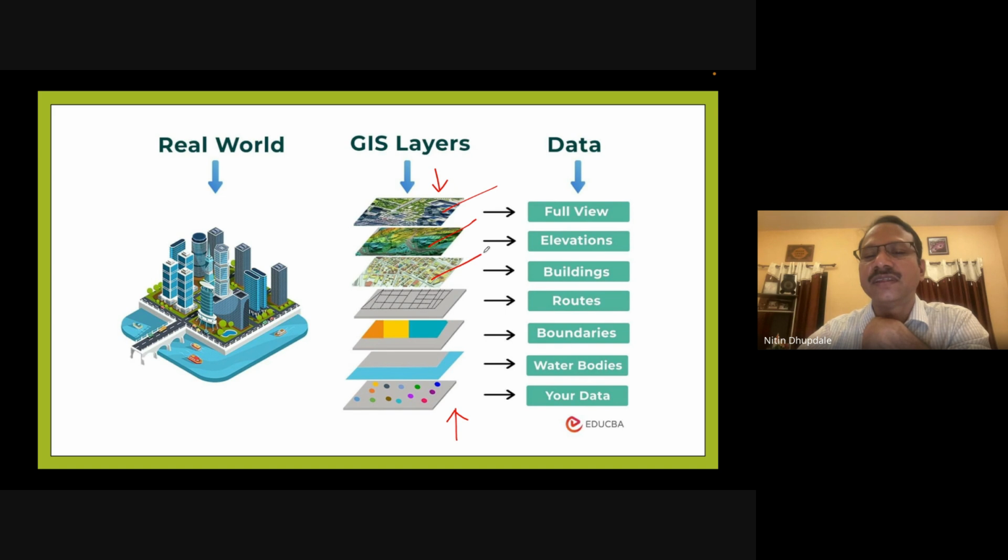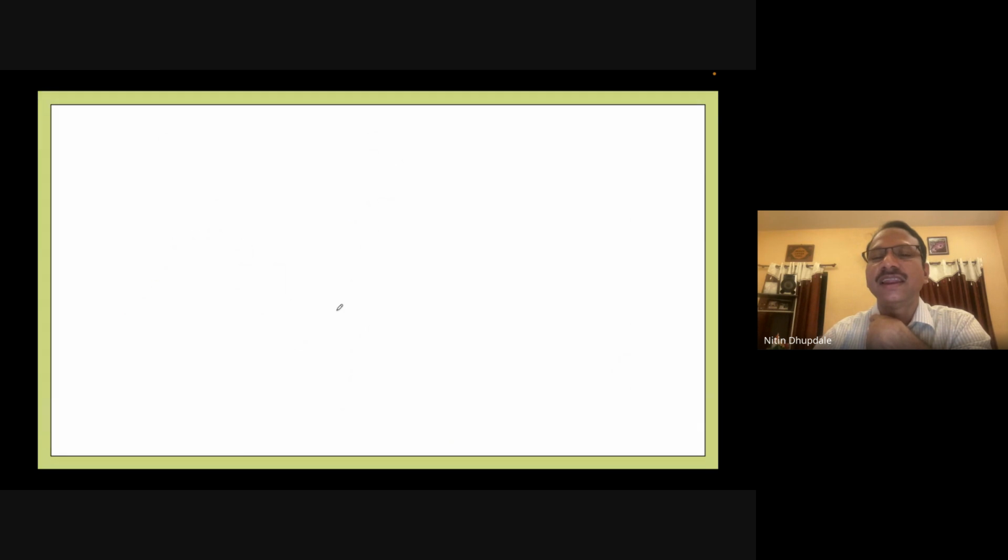Then we can use another layer of buildings, then a layer of streets, and another layer of boundaries, maybe of district, state, village, and then water bodies. Layers can be added, and last is your data, whatever data you are going to import and analyze. So these are the various layers which are used, and then we create the map, and then we analyze it.